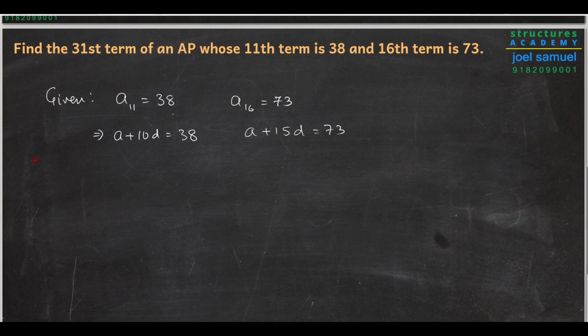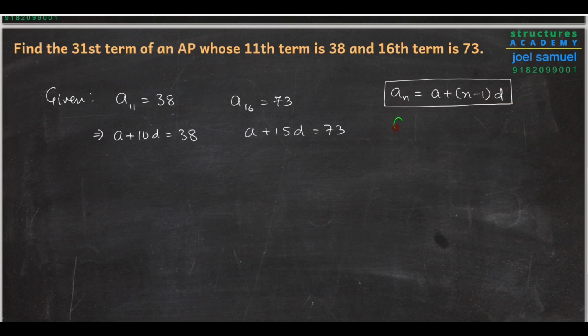Now the reason I'm writing A11 as A plus 10D is because any nth term of the arithmetic progression is given by A plus n minus 1 into D. This is the standard formula for the nth term of an arithmetic progression.